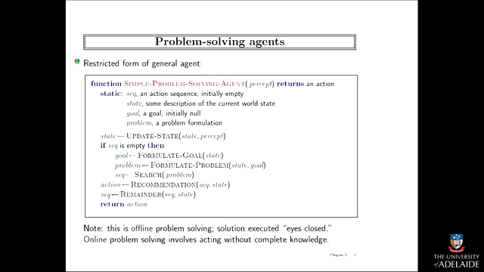First of all, we update the state depending on what we perceive of the environment. That's the first thing we do. And then if the current set of actions is null, let's have a think about what actions we need to do. First of all, we're going to formulate a goal. Then, having formulated the goal, we'll formulate the problem. Then we're going to do some search over the problem to find a set of actions that hopefully is going to get us to the goal state.